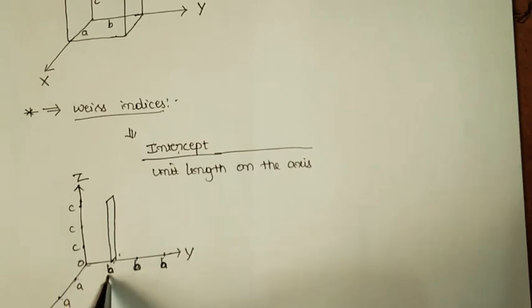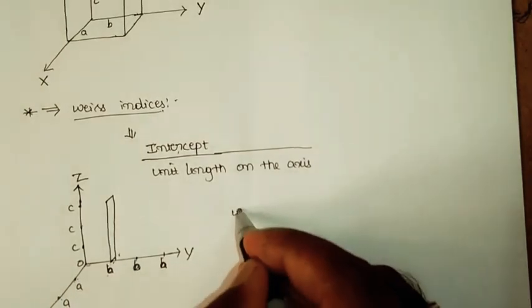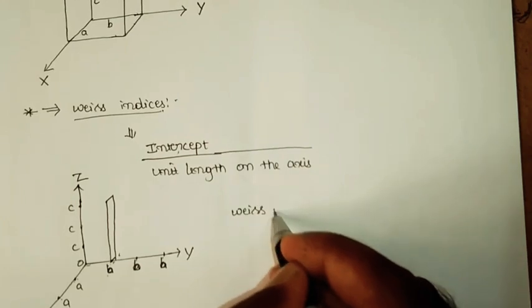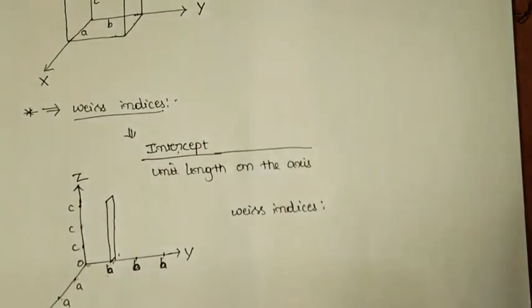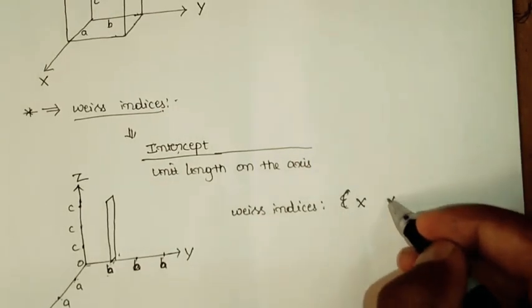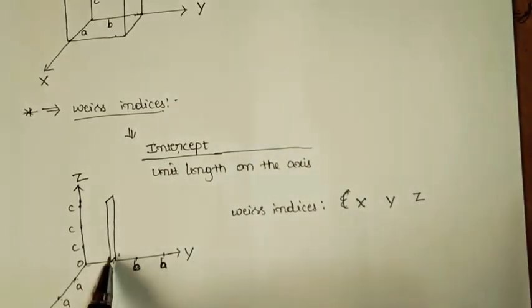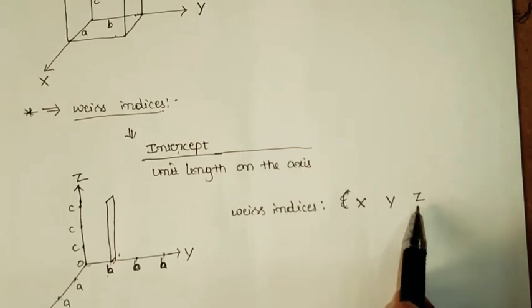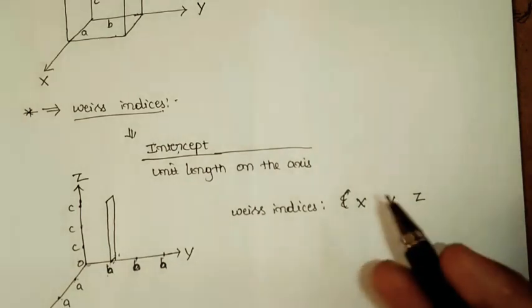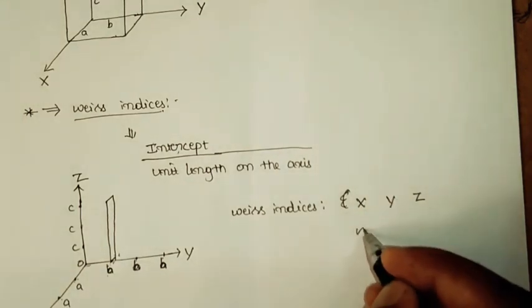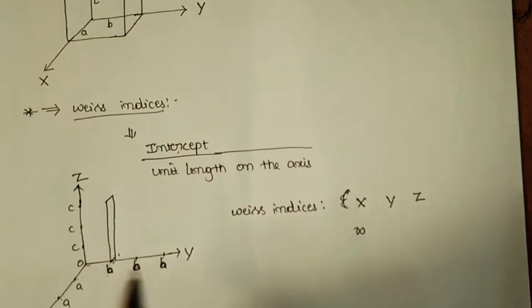With the length of b. So if you want to give the indices for this particular plane, the indices are to be said in this way. We have to take the intercepts made by the plane along each Cartesian coordinate, that is x, y and z, and there is no orientation of this particular plane along the x axis, so it will be taken as infinity.